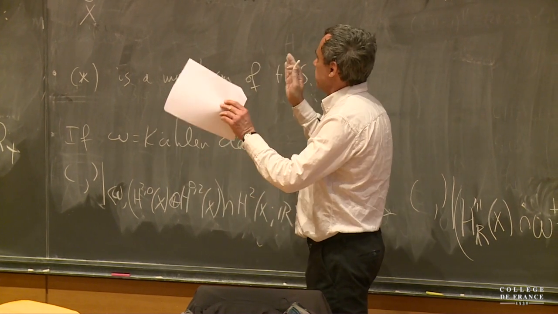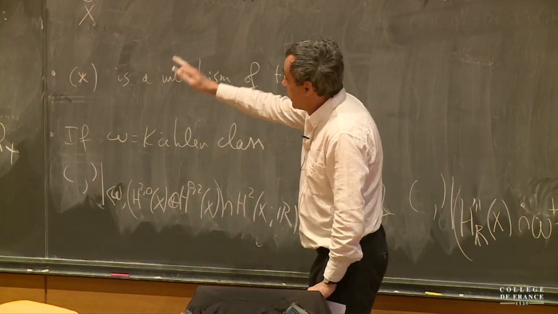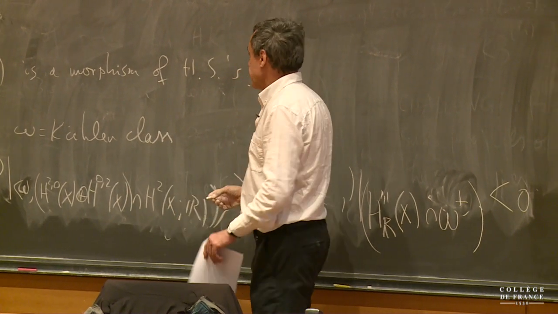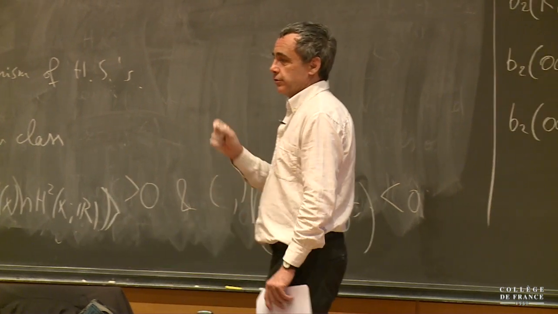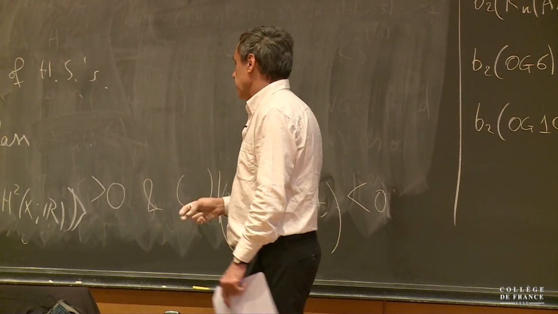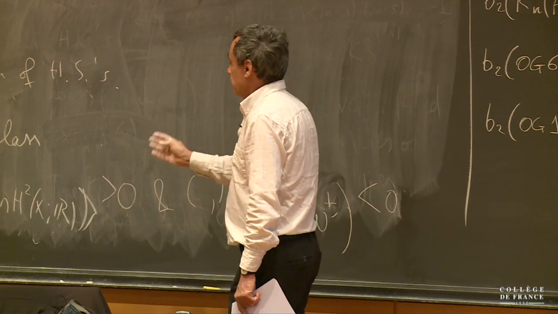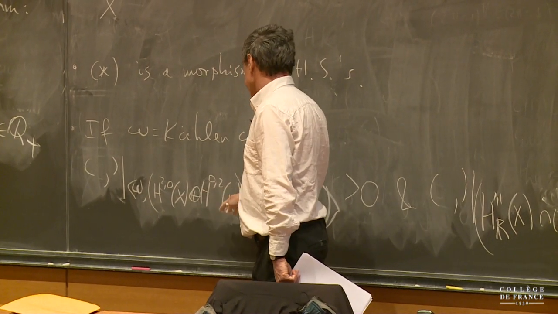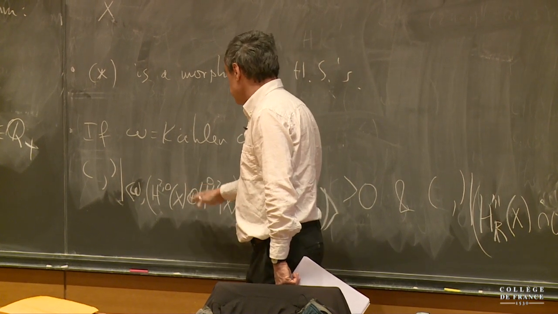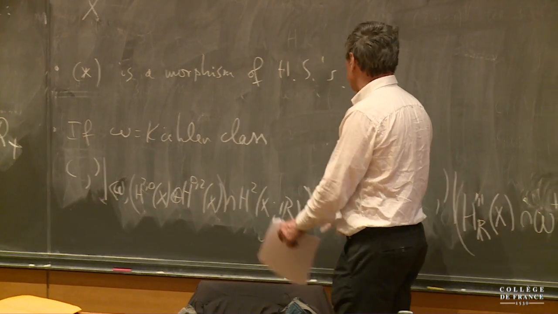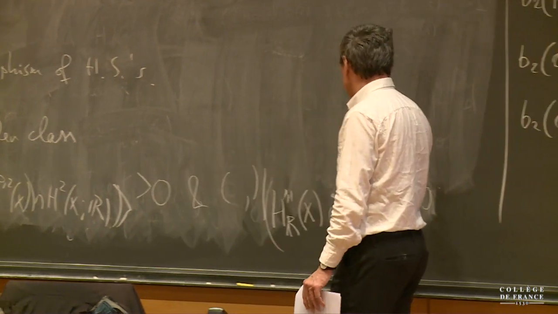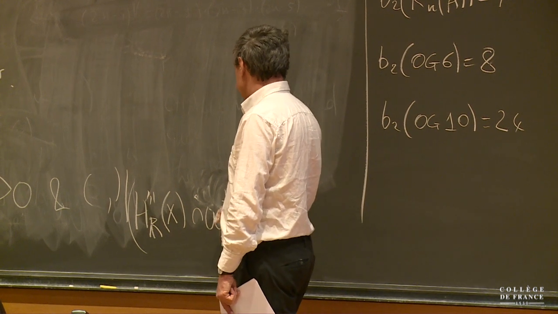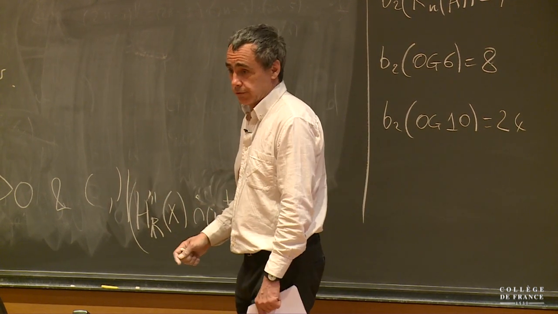So I'm restricting this quadratic form to the real cohomology, and I'm saying that it has signature (3, something), but I'm being more precise. If you restrict it to the span of the Kähler class and the real part of holomorphic 2-forms, this is a 3-dimensional space, you get positive definite, and if you restrict to the real H11 part perpendicular to the Kähler class, you get negative definite.